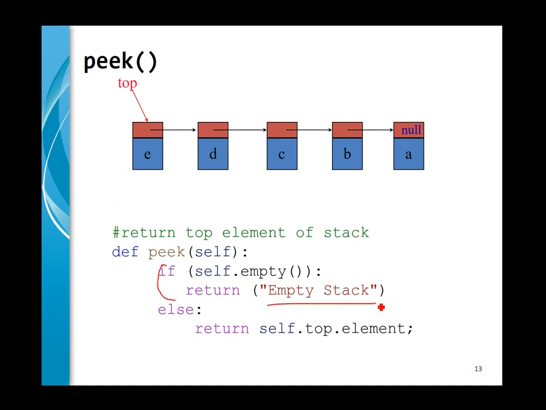If it is empty, it returns a statement showing that the stack is actually empty. If not, it returns the element pointed to by the top. Remember, it returns the element, not the entire node, because peek is looking into the content of the first node, not the entire node. So that is the case of peek.